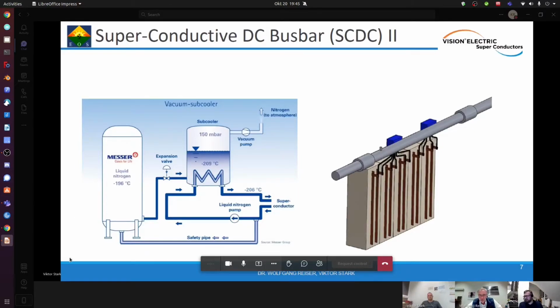This is normally a vessel where the liquid nitrogen is subcooled, because for the operating temperature of superconductors, it's better to have around 70 Kelvin than 77. So we are cooling it down a little bit, which is also good for evaporation energy if we need that.